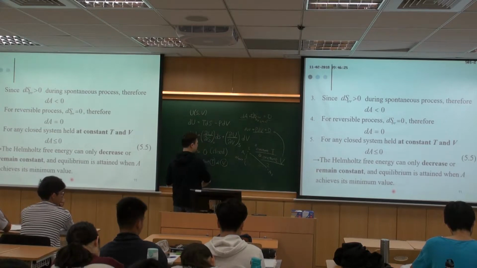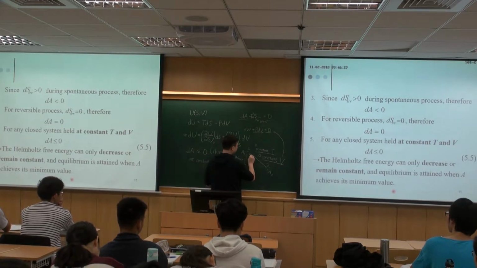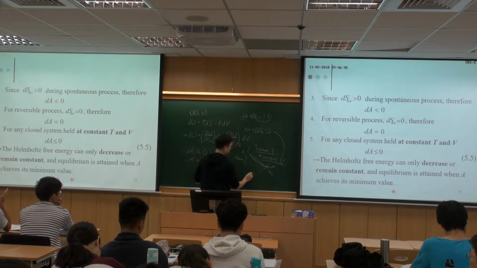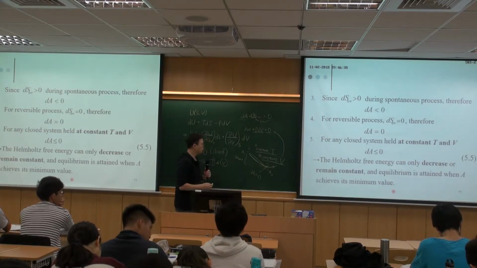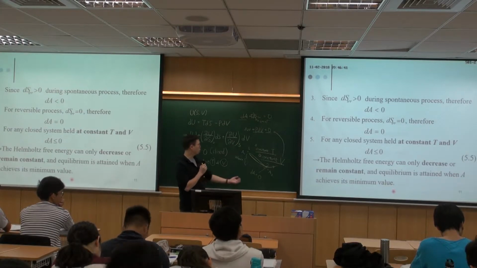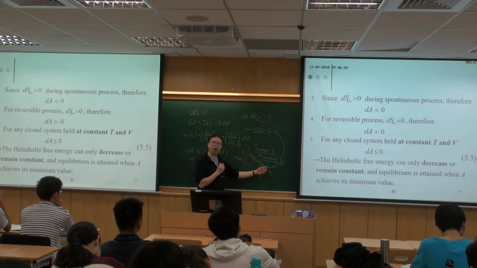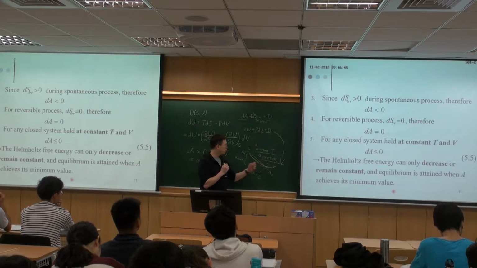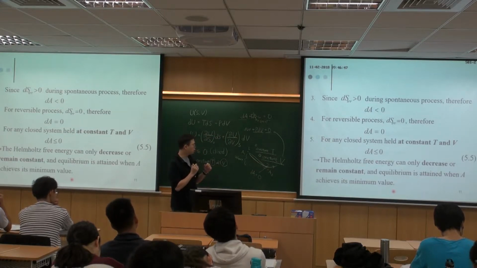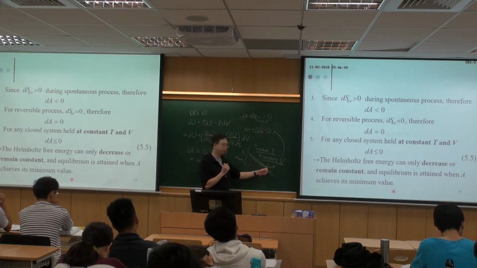And when the system is, for instance, reaching this point, we know that at this point dA is 0. And we know that this is the minimum value of Helmholtz free energy. Therefore, this is the equilibrium point.